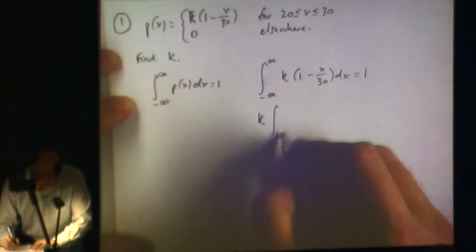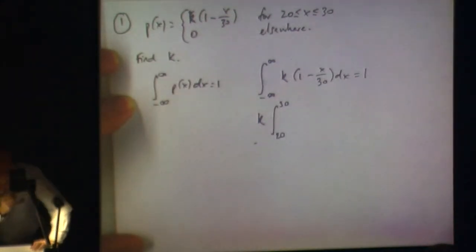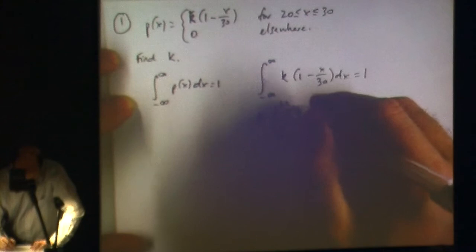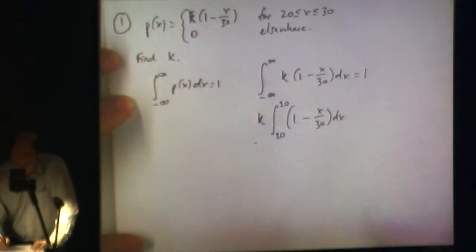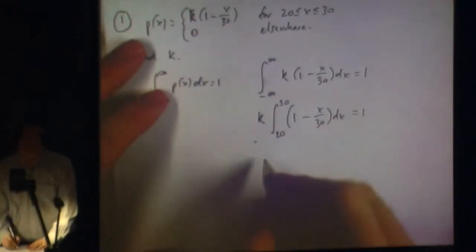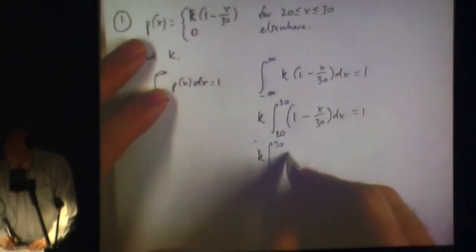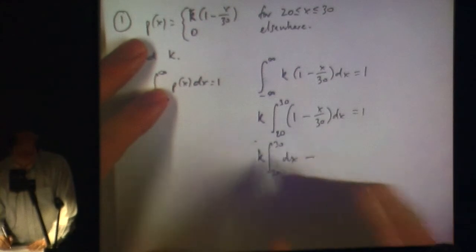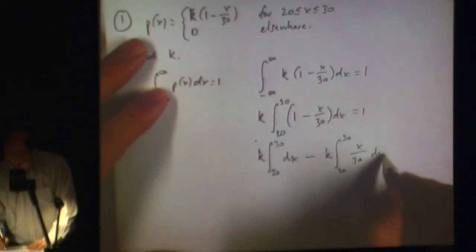So we've got k times the integral from 20 to 30 of dx, minus k times the integral from 20 to 30 of x over 30 dx, equals 1.